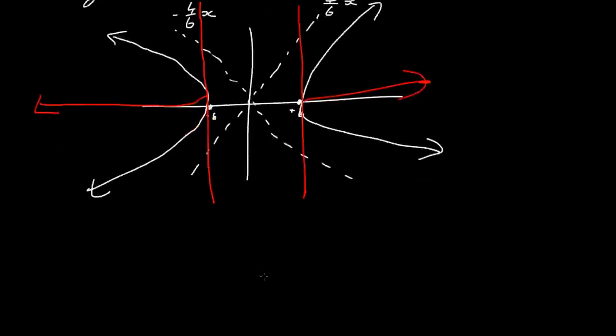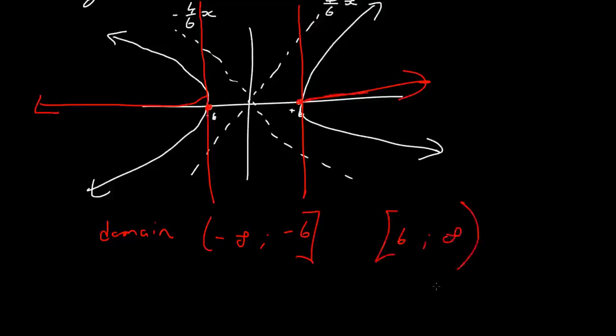So the domain is minus infinity to minus 6, including minus 6, because it crosses that minus 6 point. Then it doesn't include minus 6 to 6 at all. And then it starts again at 6 and goes on to infinity. So 6 to infinity. And we can just say and.